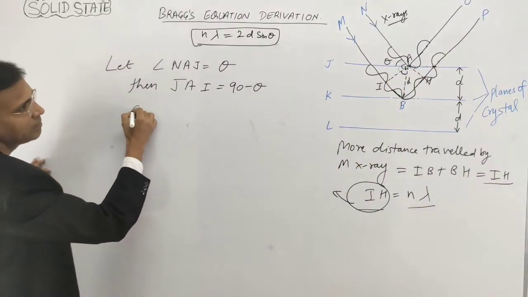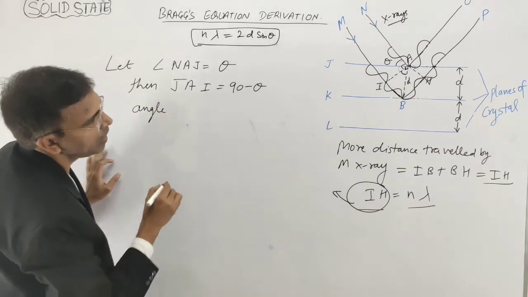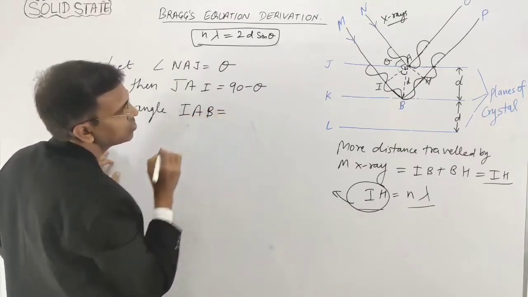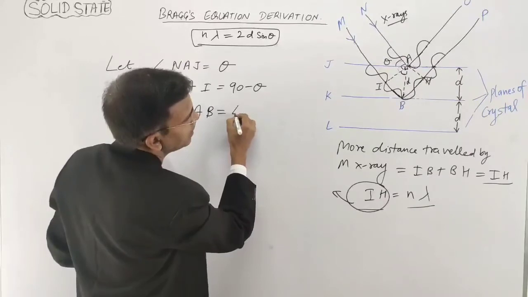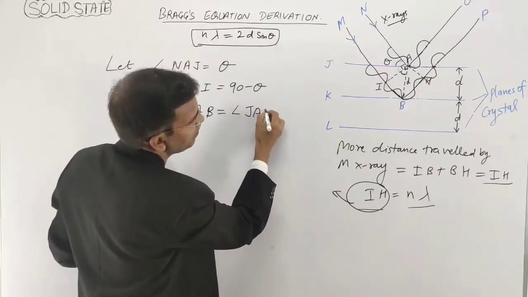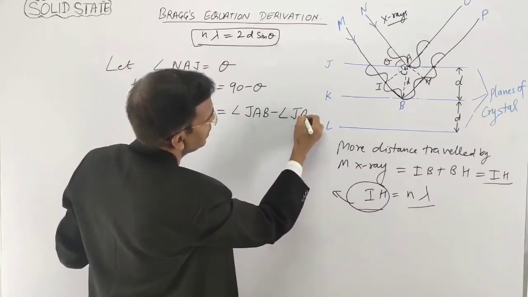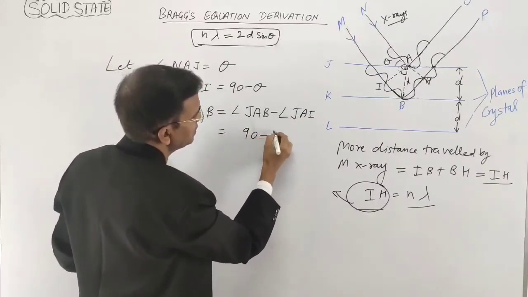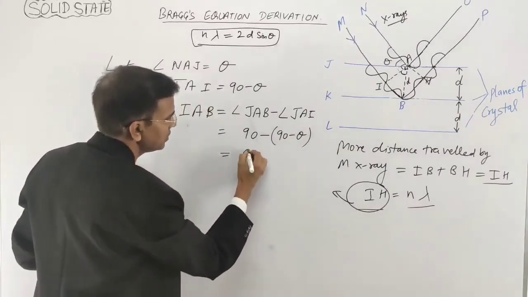So angle IAB is equal to angle JAB minus angle JAI, that is equal to 90 minus (90 minus theta), that is equal to theta.